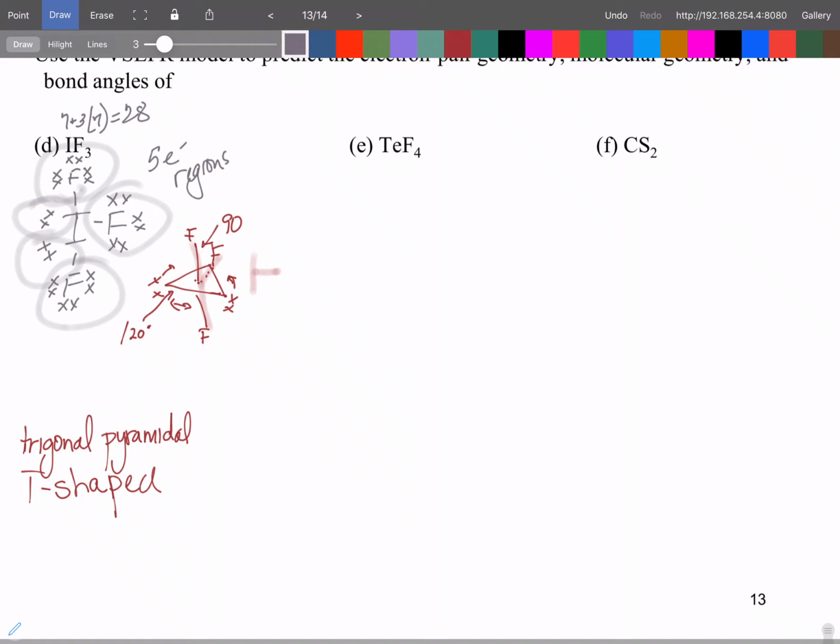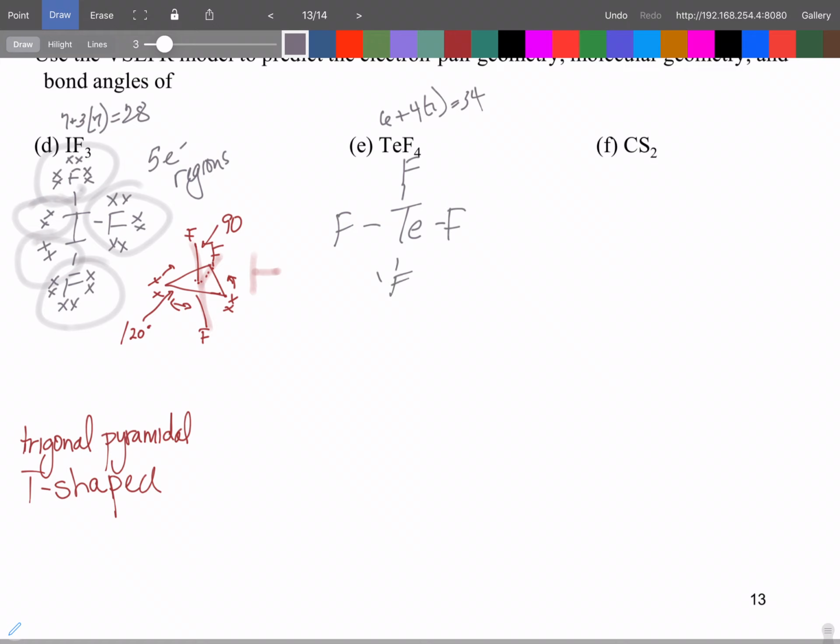All right, so tellurium is, again, 6 plus 4 times 7. 4 times 7 is 28, so this is 34. So we'll start with tellurium, fluorine, fluorine, fluorine, fluorine.